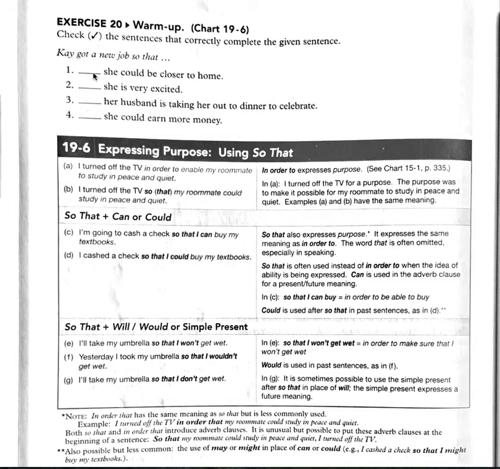Number 1, Kay got a new job so that she could be closer to home. 2, Kay got a new job so that she is very excited. Number 3, Kay got a new job so that her husband is taking her out to dinner to celebrate. Number 4, Kay got a new job so that she could earn more money. Now, which of those sentences correctly complete the given sentence that Kay got a new job?